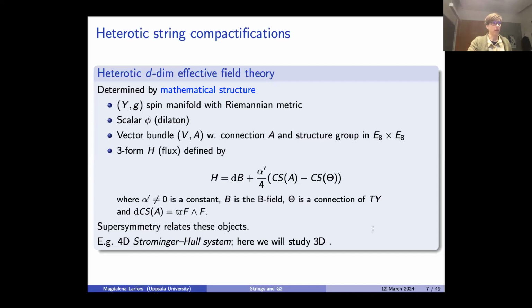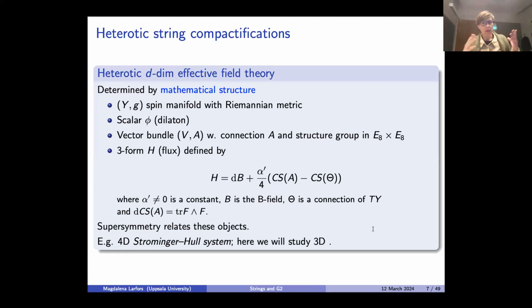And these Chern-Simons terms are multiplied by a constant, which is called alpha prime. And this is related to the stringy corrections of the supergravity theory. So alpha prime is something that shows that this comes from string theory. It's related to the string tension.